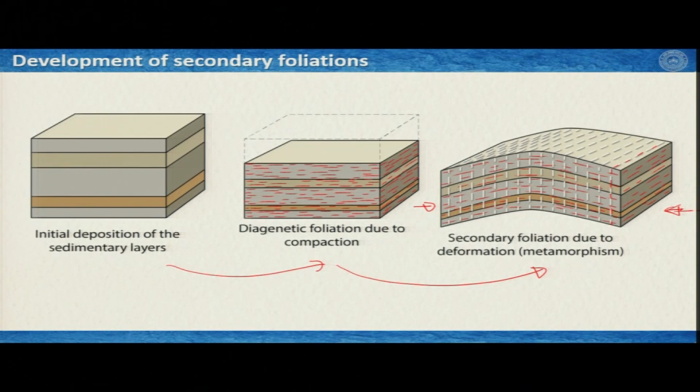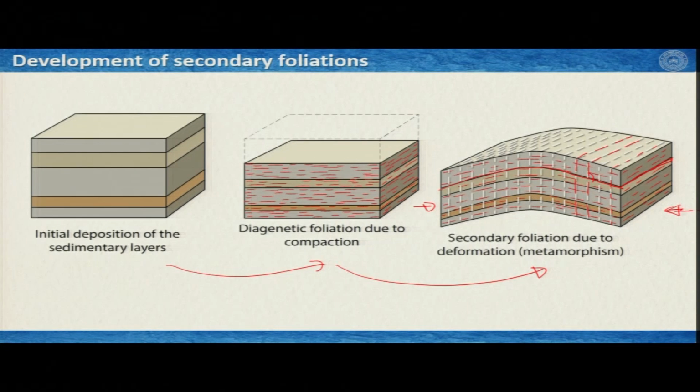And as you can see, these primary foliation layers are curved on this surface and straight on this section, and this secondary foliation cuts across these layers and also maintains some sort of angular relationship with this primary layering. These angular relationships are very important in revealing several structural features and deformation histories.